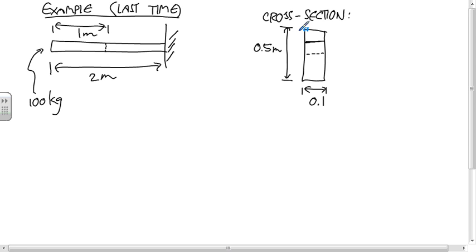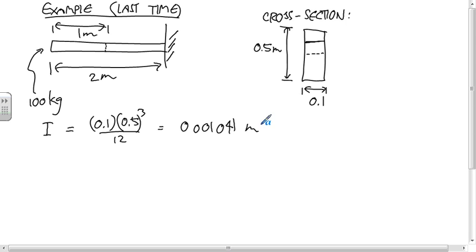And we finished the bending moment calculation. We got that I for the cross section is equal to 0.1 times 0.5 to the third over 12, and that's about equal to 0.001041 meters to the fourth.